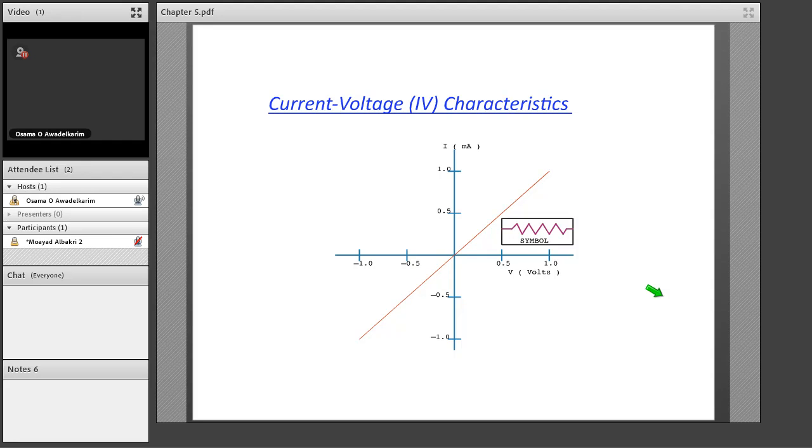I is linearly dependent on V, as you can see here. The symbol for a resistor is this zigzag line. So the IV characteristic of a resistor is a straight line, and I and V are linearly dependent on one another.